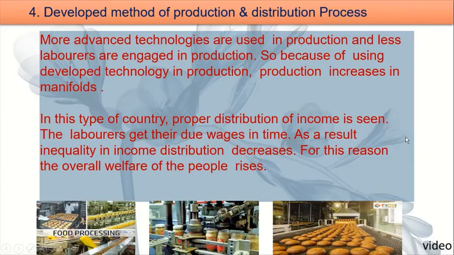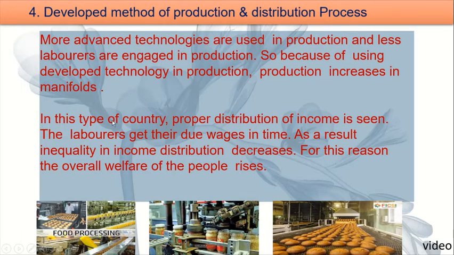Understand? Now, developed method of production and distribution process. So here more advanced technologies are used in production and less laborers are engaged in production. So because of using developed technology in production, production increases in many folds.